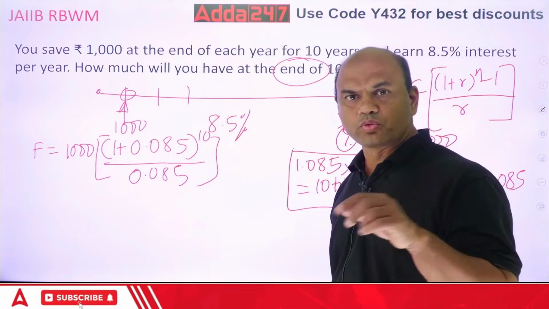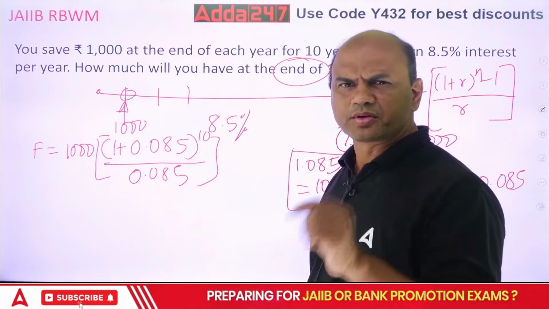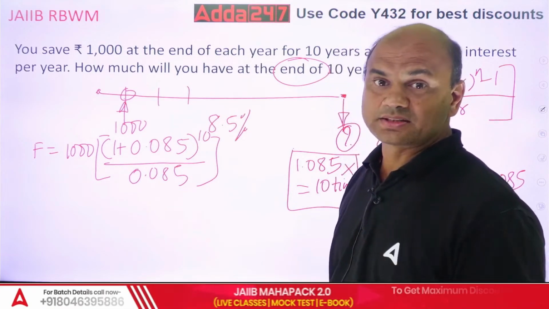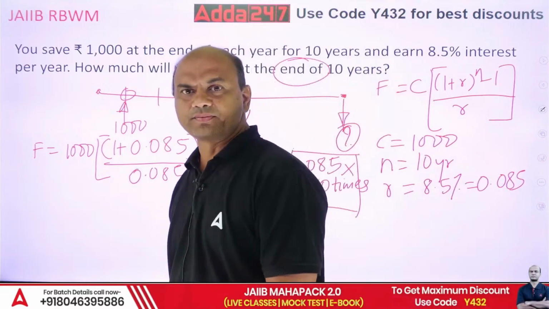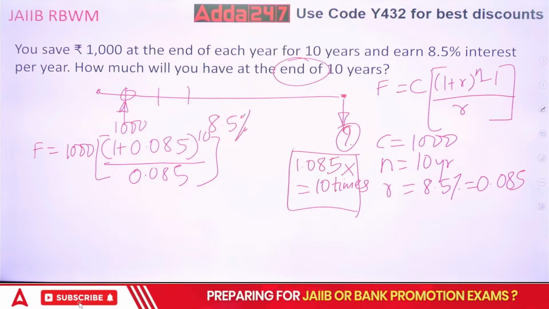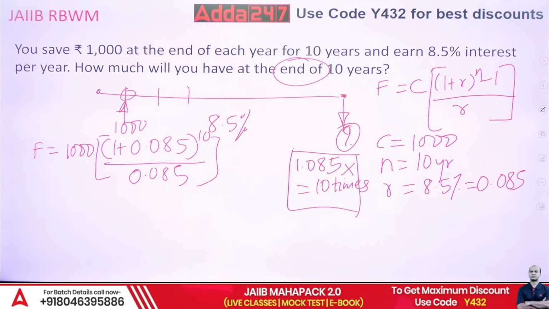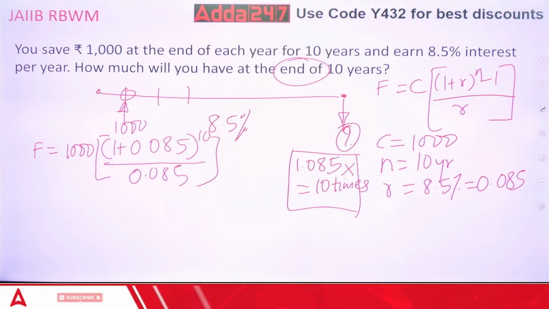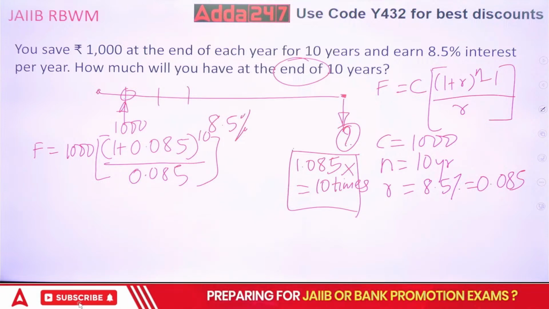Go on pressing it on that black calculator, your normal commercial calculator. You are not allowed to use a scientific calculator in your exam, so you'll have to practice on commercial calculators only.